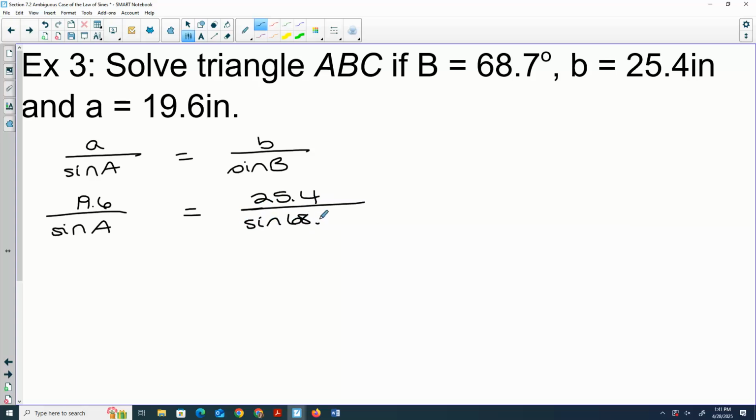The sine of 68.7 degrees. Cross multiply. Divide the 25.4.